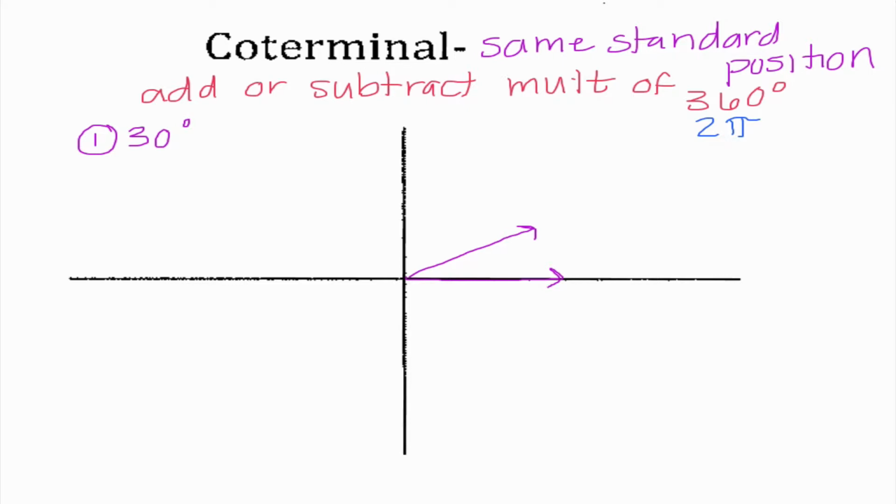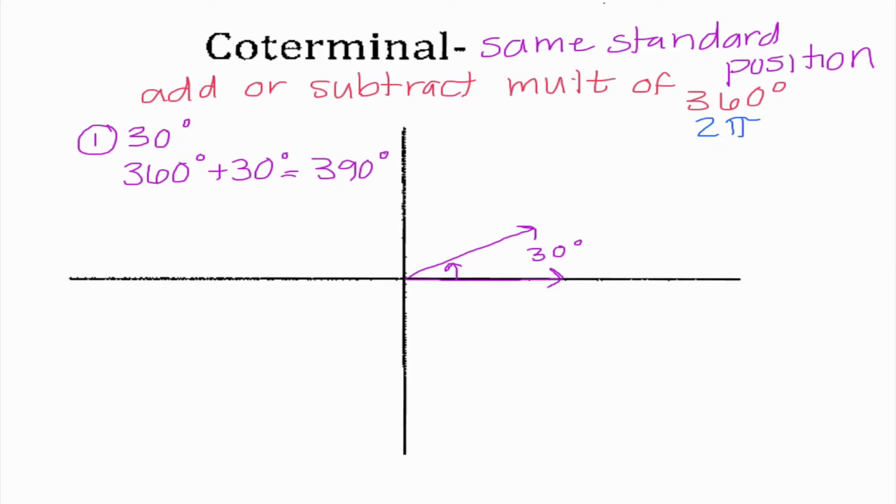It just needs to be in the correct quadrant. Okay, and that is my angle of direction, and this is 30 degrees. Now, if I wanted to write some coterminal angles, I could add 360 degrees. So another term for this would be 360 plus 30, which is 390 degrees.